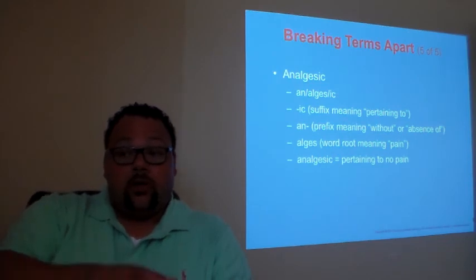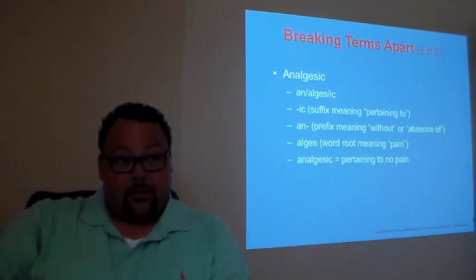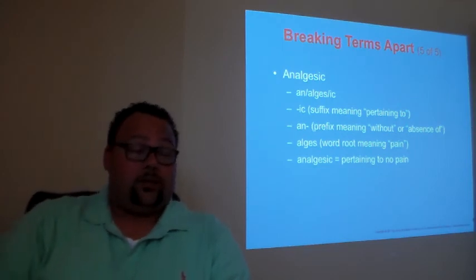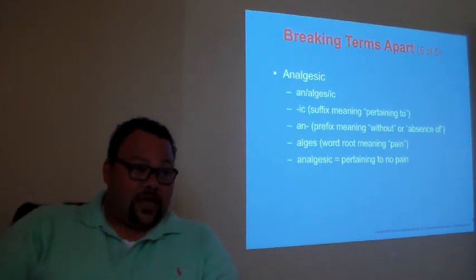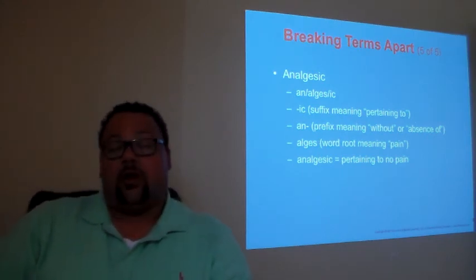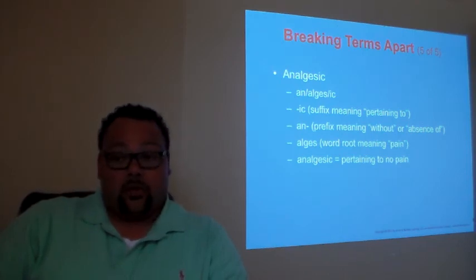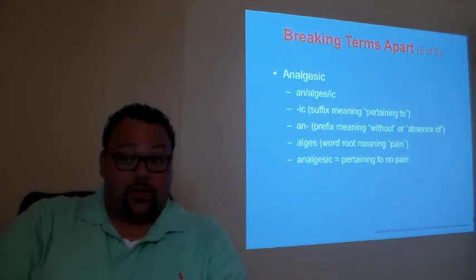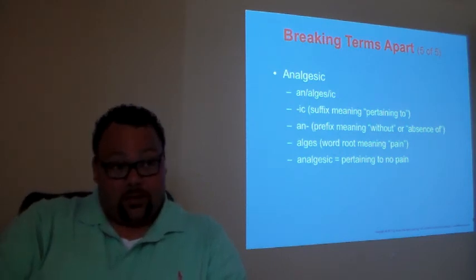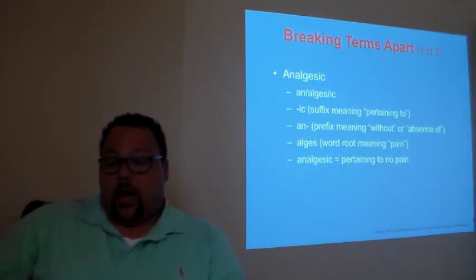So in regards to being without pain, or pertaining to having no pain. All right, so when we talk about an analgesic, we're talking about Tylenol, we're talking about Motrin, pain meds of any sort, and those are all referred to as analgesics. Analgesic means literally not having pain or involving not having pain. It's something you take to involve not having pain. Okay.